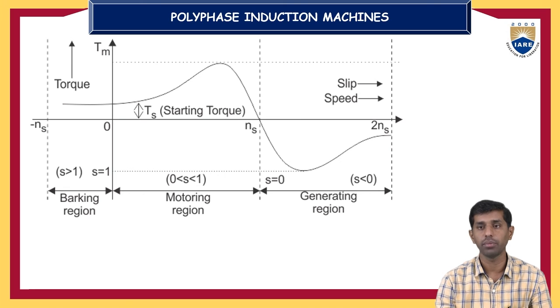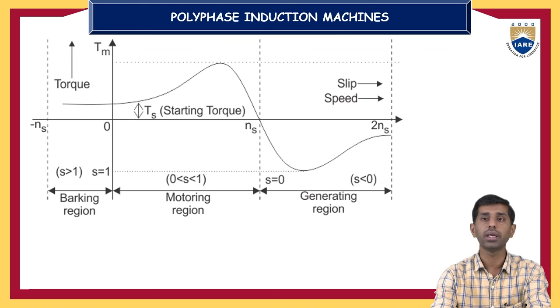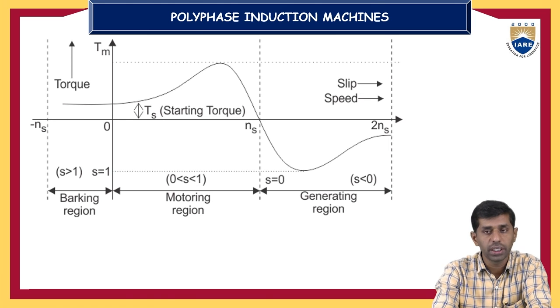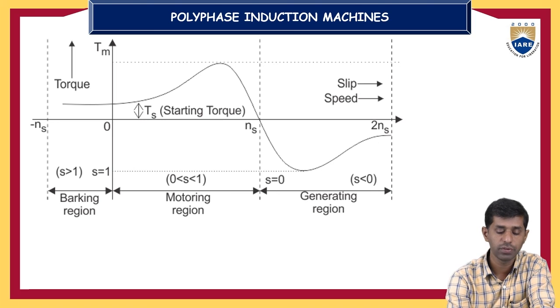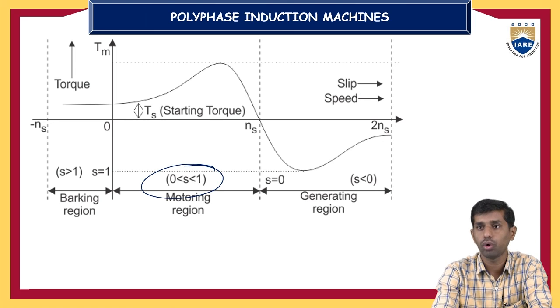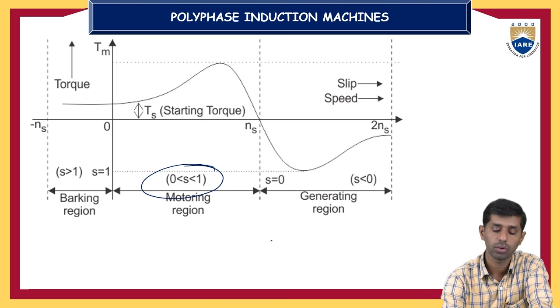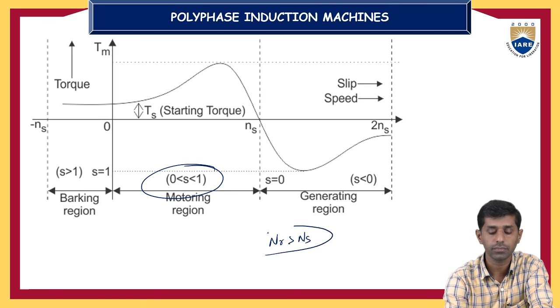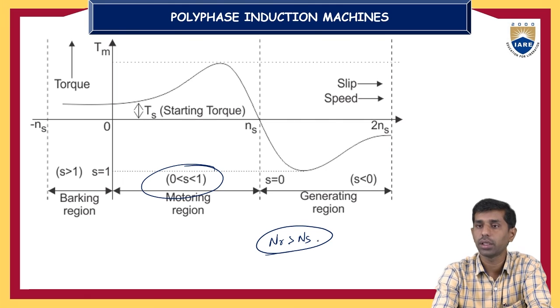The induction machine can be operated under motoring mode, and under generating mode. We can also operate the induction machine for braking. So if the slip is between 0 and 1, it is conventionally acting as an induction motor. When slip is less than 0, that is NR is greater than NS, slip will be negative and it comes into the generating mode.